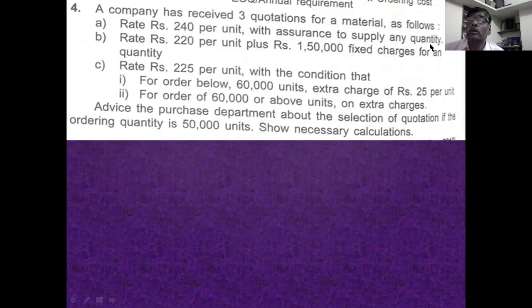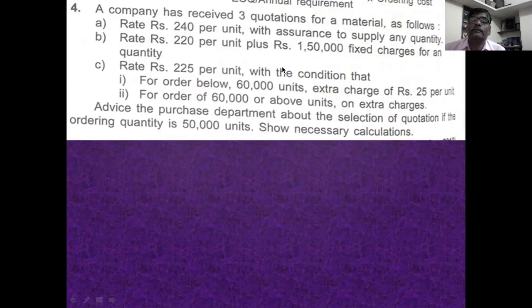This is the assurance given by them, and their rate is 240 per unit. Another quotation is they agreed to supply at the rate of 220 per unit, but their fixed charge is 1,50,000. You have to pay a fixed charge of 1,50,000.